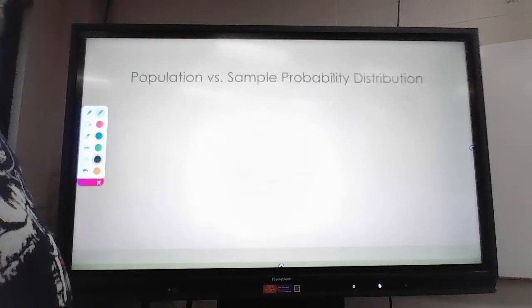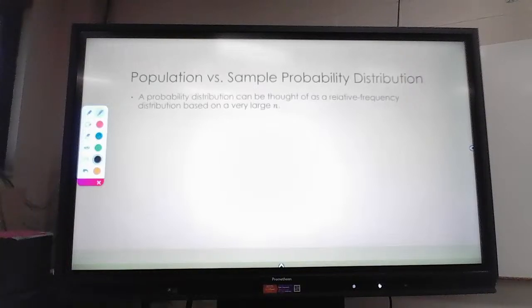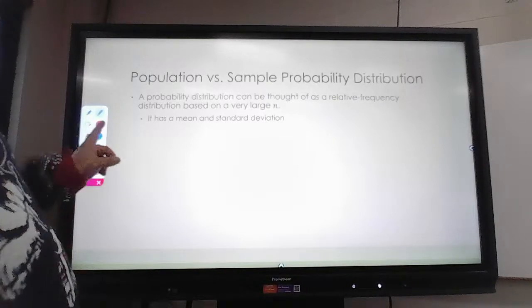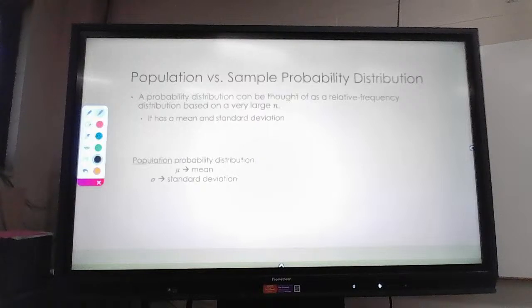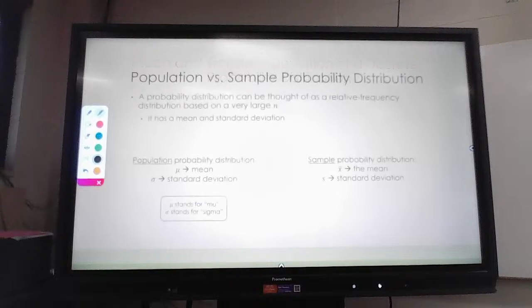Now, a probability can be thought of as a relative frequency distribution based on a very large sample size. This will mean that it does have a mean and a variance and a standard deviation. We kind of talked about this before when we did variance and standard deviation.